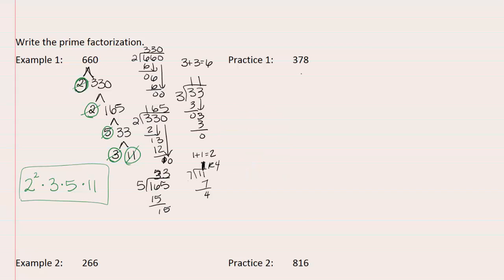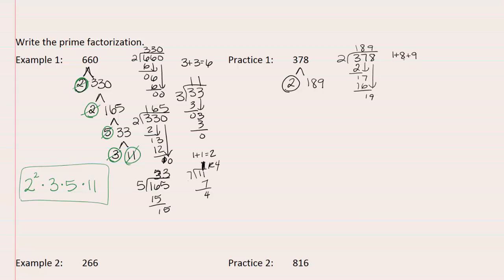Okay, let's try this one now. So it ends in an even number, so I'm going to divide by 2. So 387 divided by 2 is 189. So 2 is a prime. 189. It's not even. It doesn't end in a 5, so let's try adding up the digits and see if it's divisible by 3.